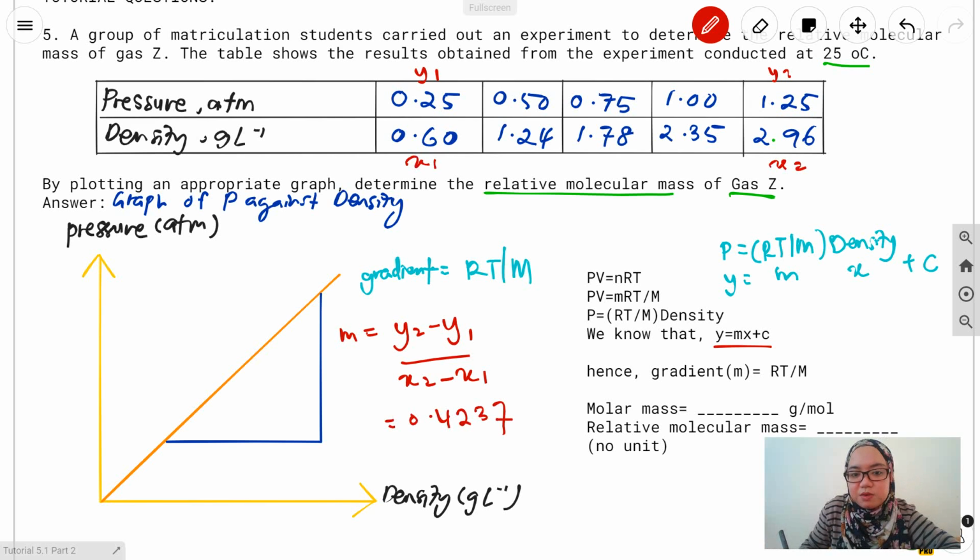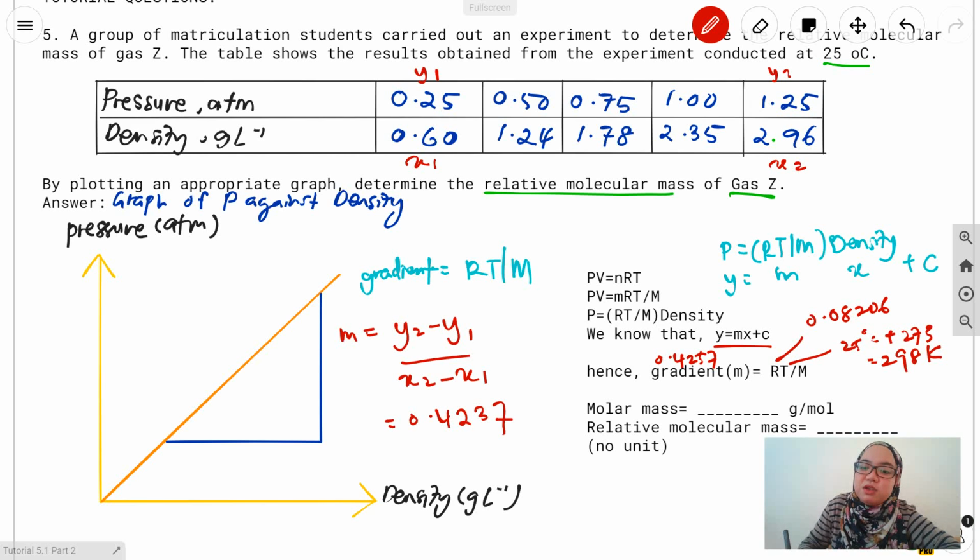around like that. So you substitute the amount, this gradient is 0.4237, and then R is, since the unit of pressure is atm, so you use R 0.08206 liter atm per mole per Kelvin, and the temperature is 25 degrees Celsius plus 273, you got 298 Kelvin.